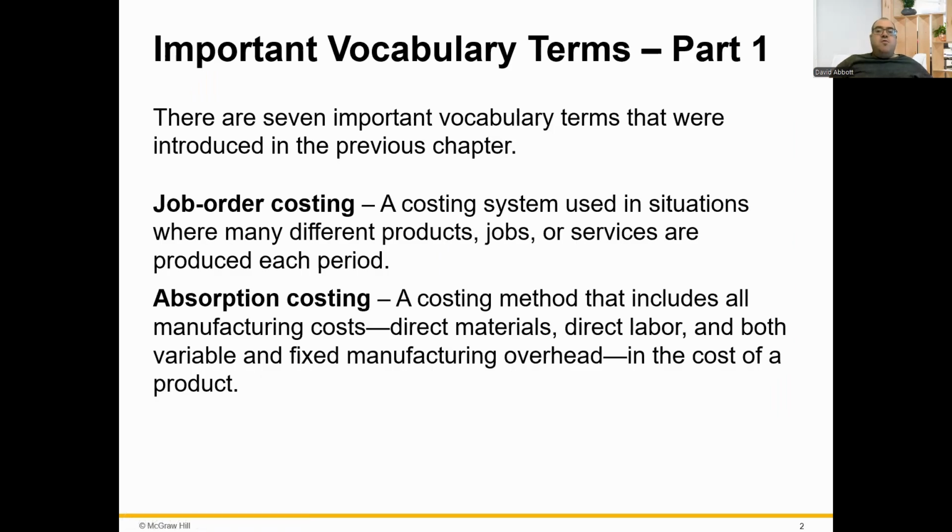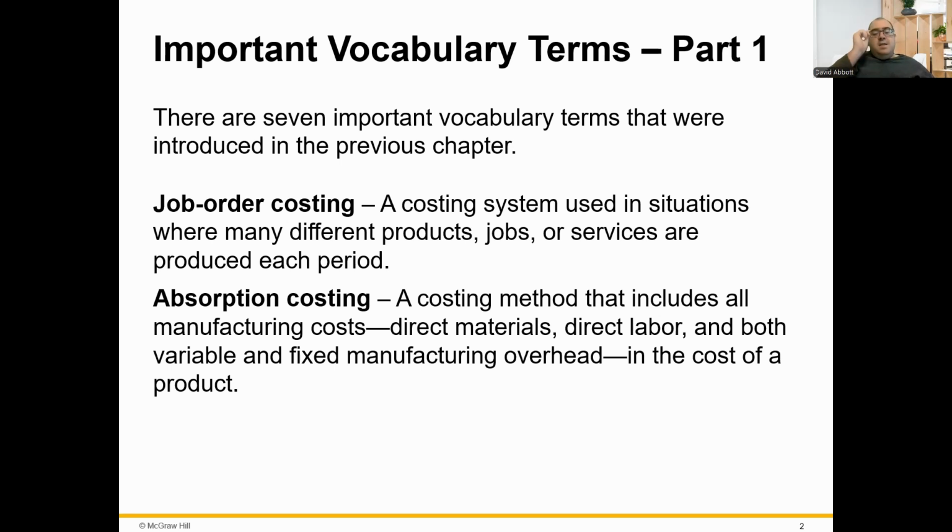So we're going to go over a little bit of vocab first. And again, some of this was talked about in the last chapter. So the first thing is job order costing.